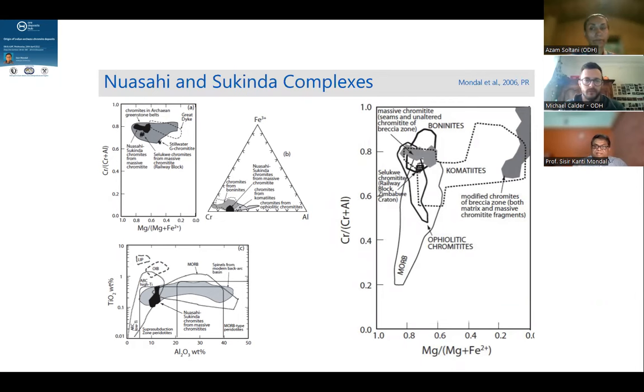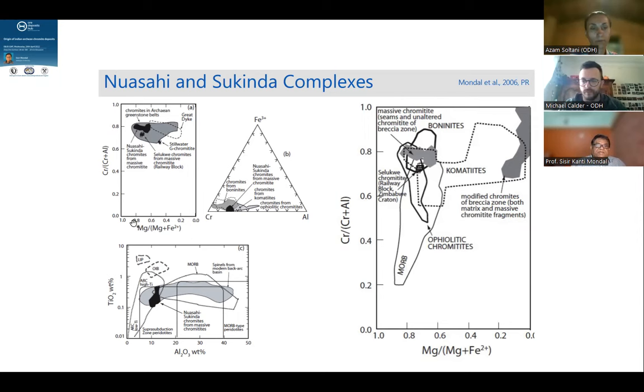We have analyzed accessory chromites from all the silicate lithological units and altered chromites from the breccia zone of Nuasahi and Sukinda, but these are basically representing the unaltered chromites from the massive chromitite units. So the idea is that we have to use the composition of the primary chromites to understand the tectonic setting and to calculate the parental magma. So that is the reason I'm showing these unaltered chromites here.